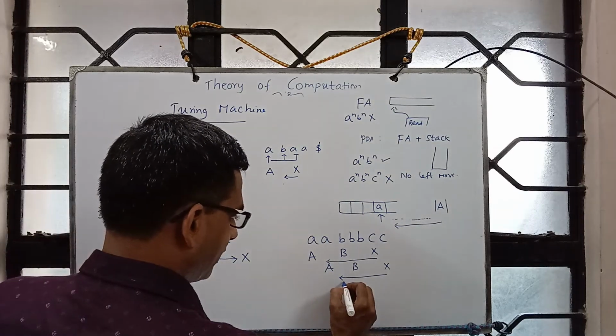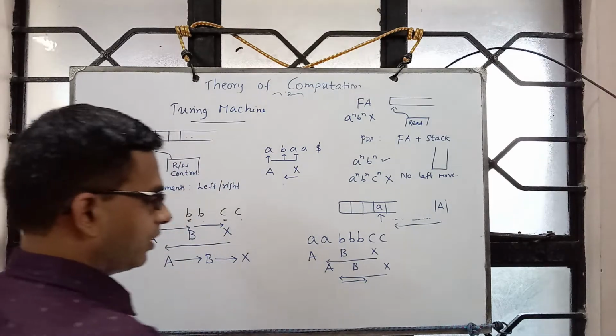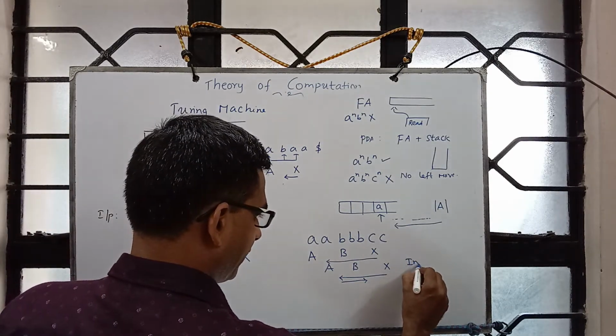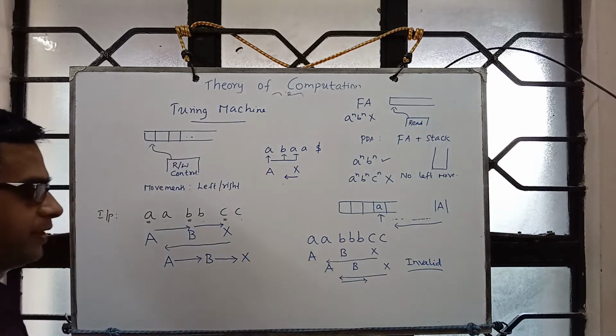But when you move right, you see that there is one little b. So when you come across such a situation, you have to go to a reject state, which means this is an invalid input.